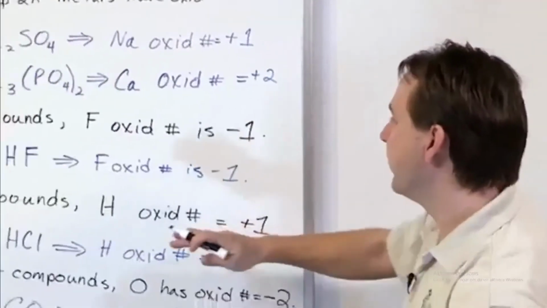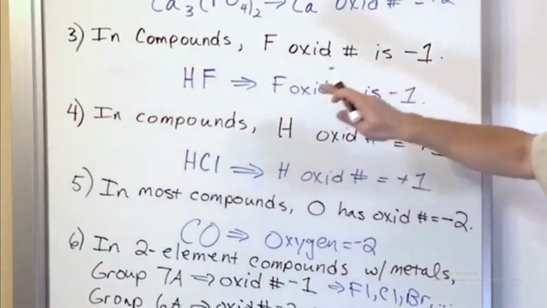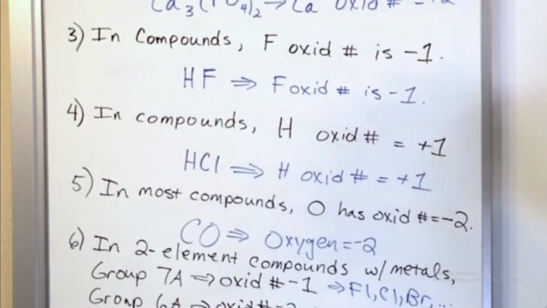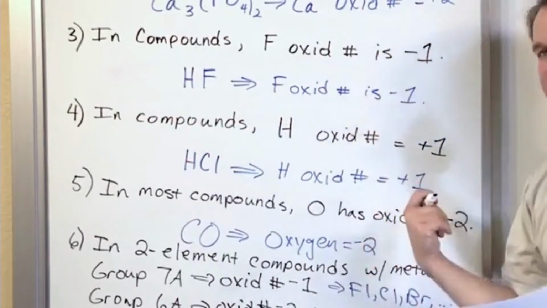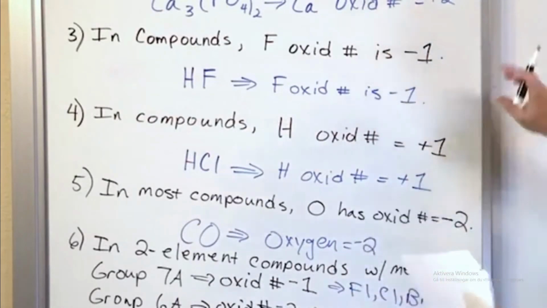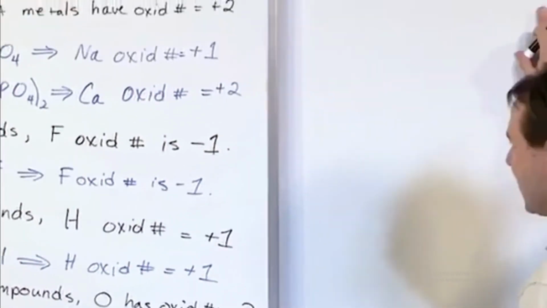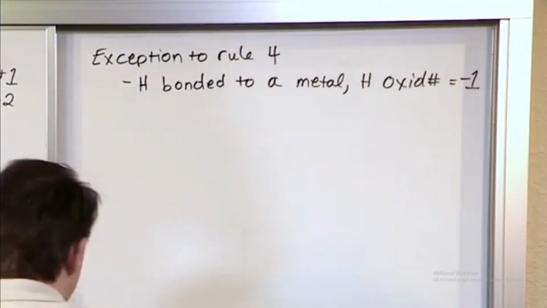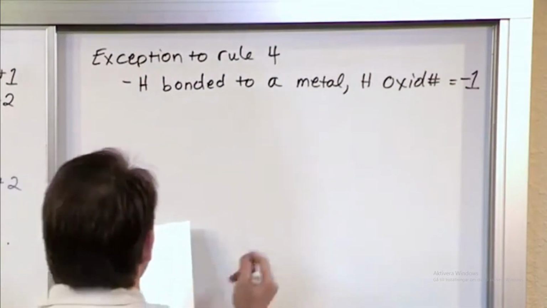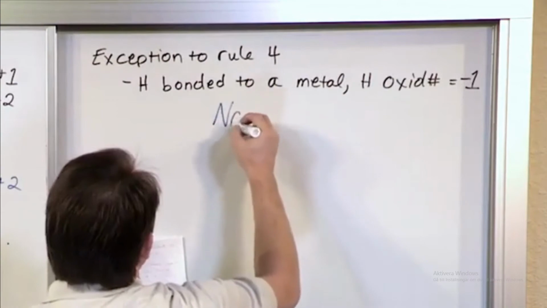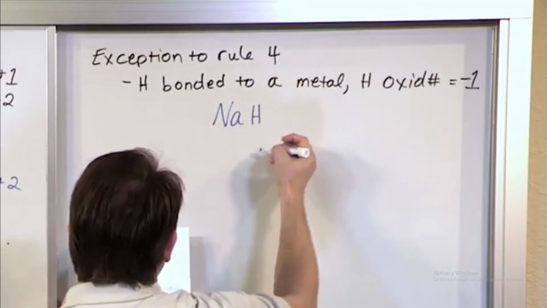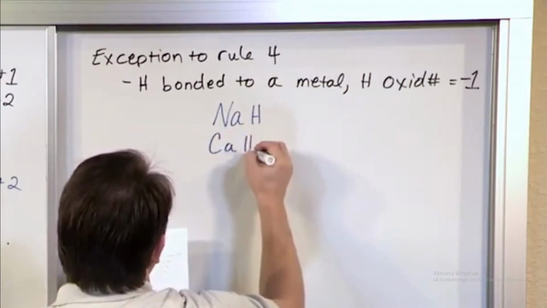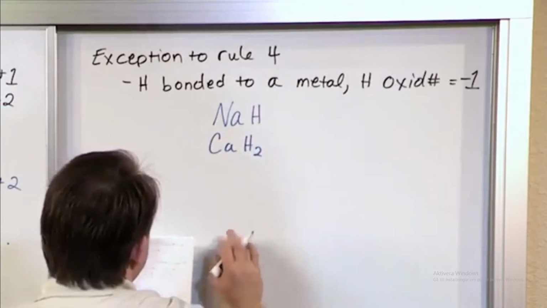So notice what this rule said. It said in compounds, hydrogen's oxidation number is positive 1. So you would take that to the bank and you would assign positive 1. However, there's an exception. If hydrogen is bonded to a metal, okay, then the oxidation number is negative 1. Now, what could that be? Let's say you have some weird looking thing like NaH, which, believe it or not, is possible, or CaH2, calcium hydride or something like that. All right?